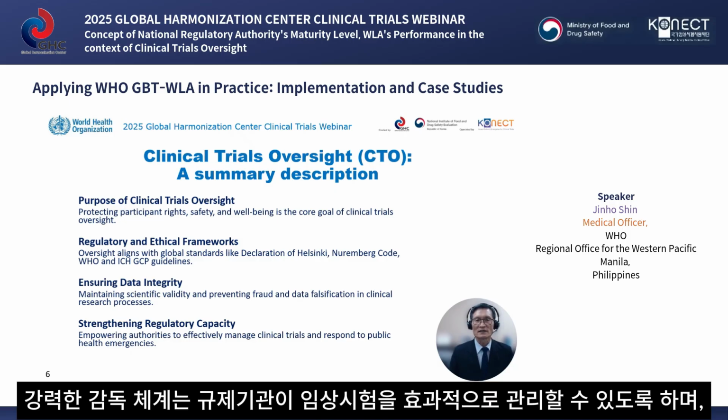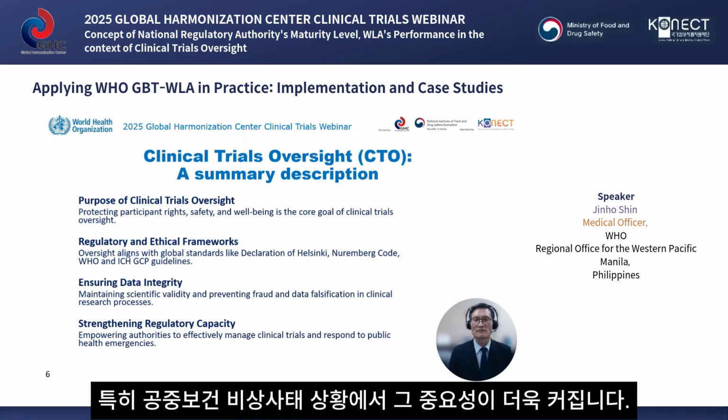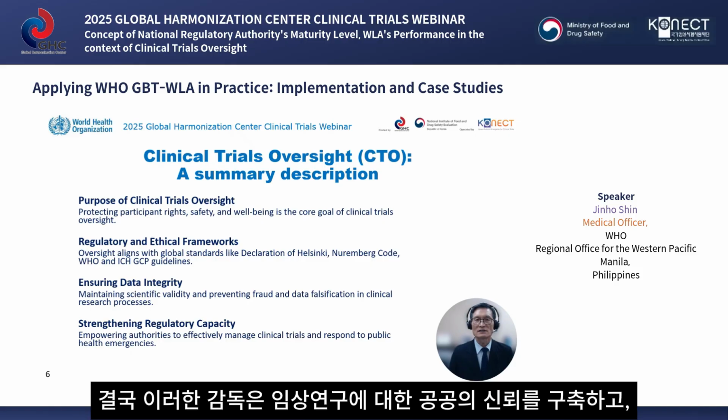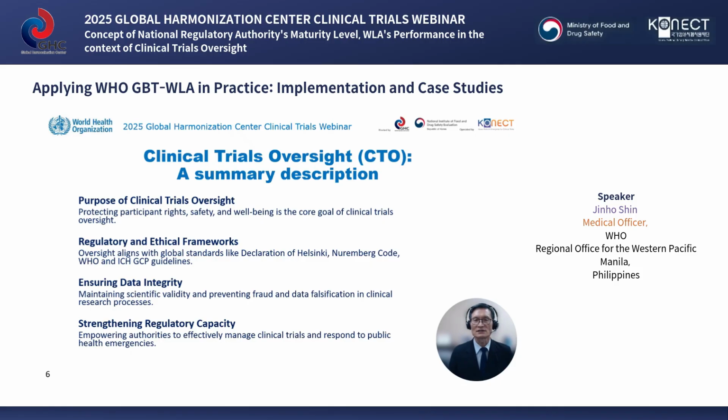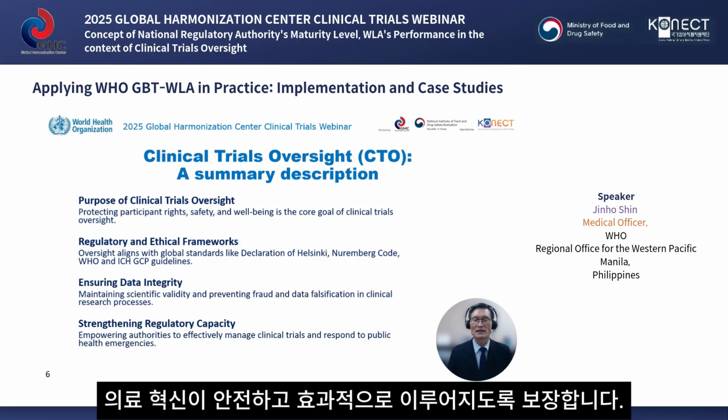Strong oversight empowers regulatory authorities to manage trials effectively, especially during public health emergencies. Ultimately, this builds public trust in clinical research and ensures medical innovations are safe and effective.